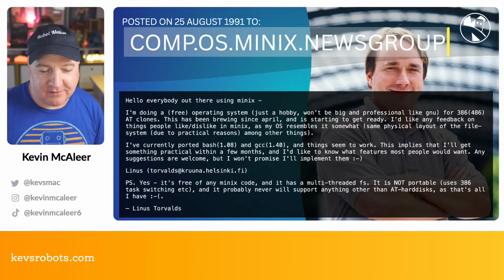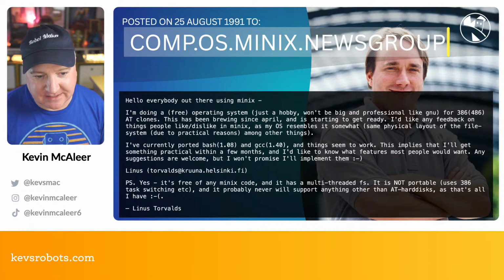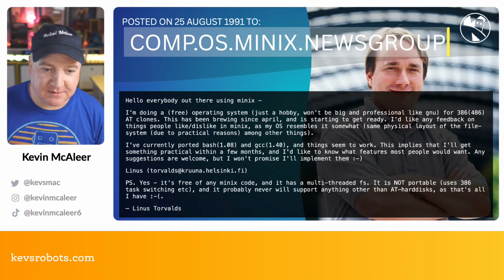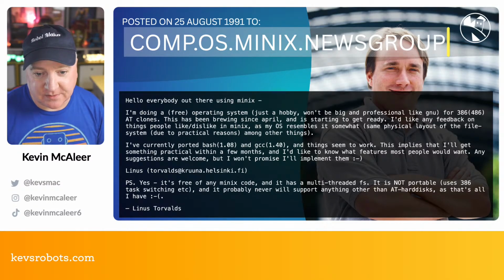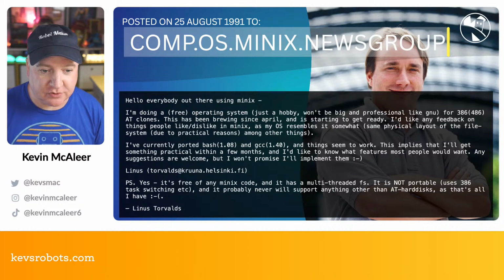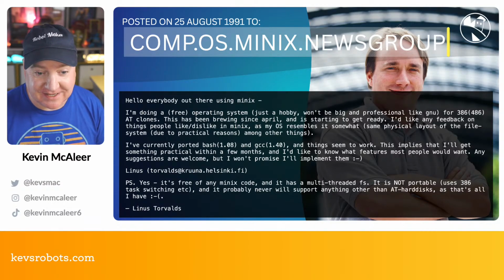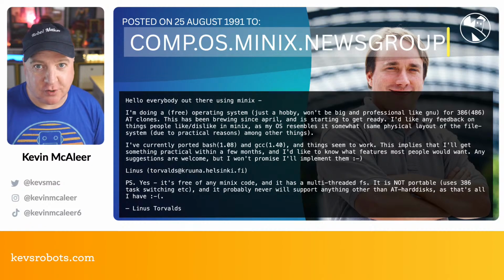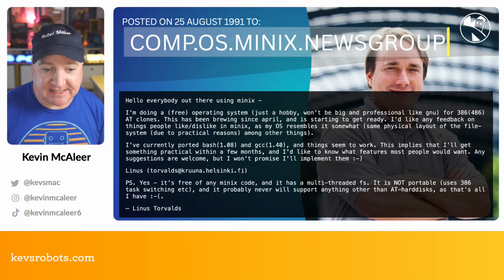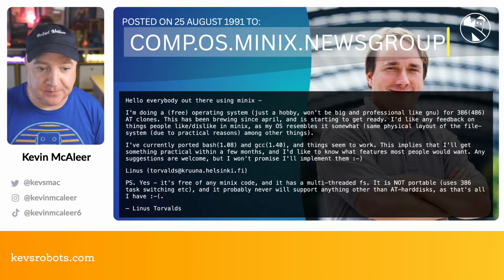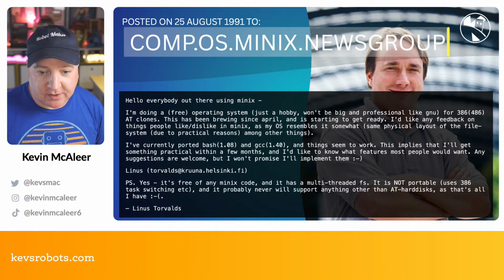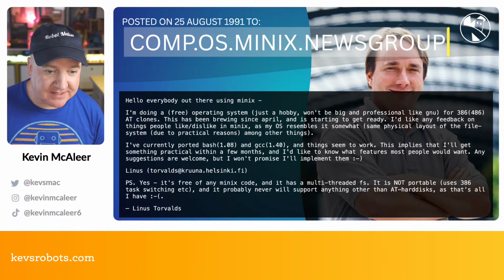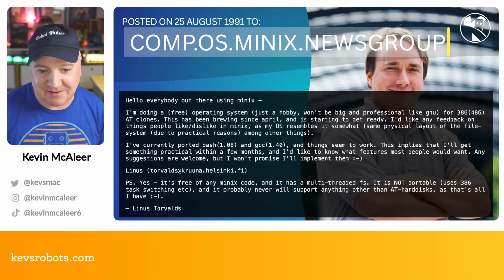I'd like any feedback on things people like or dislike in Minix, as my OS resembles it somewhat in the physical layout of the file system. Due to practical reasons, among other things, I'm currently porting Bash and GCC, and things seem to work. This implies that I'll get something practical within a few months, and I'd like to know what features people would most like. Any suggestions are welcome, but I won't promise I'll implement them.